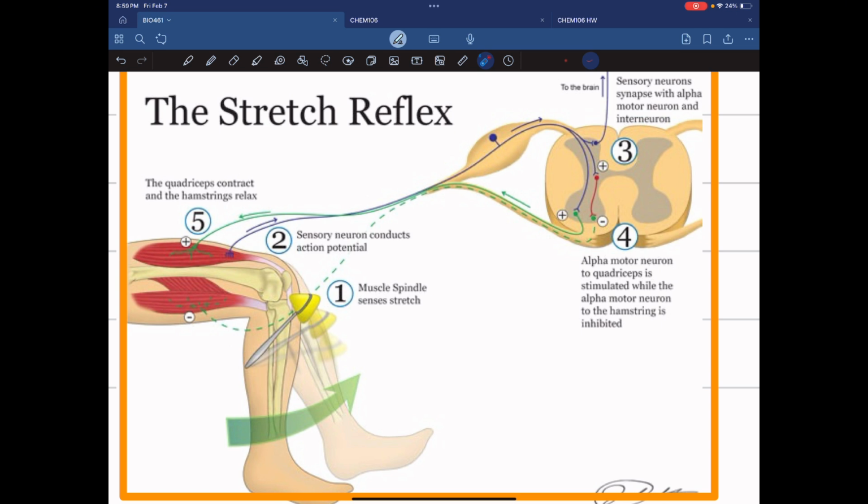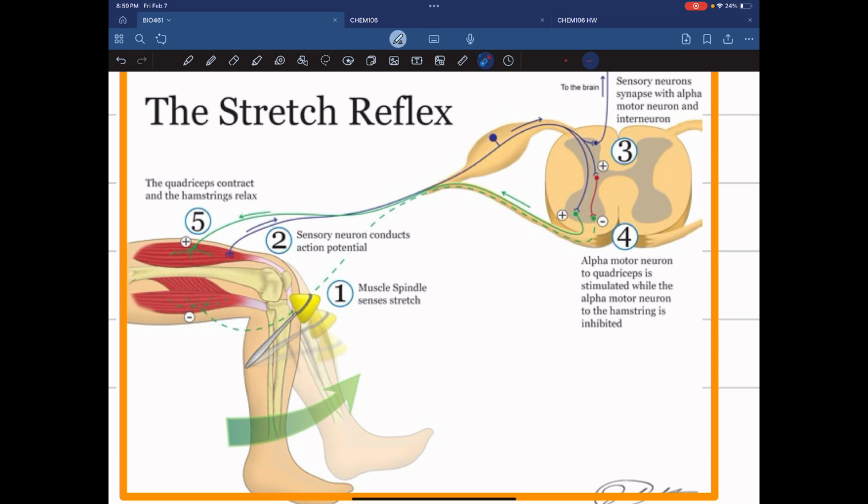The excitatory signal is going to come out of the spinal column back over to our quadricep muscle, contracting that muscle, while at the same time sending an IPSP all the way to the hamstrings to inhibit it. We can't have two muscles that work against each other contract at the same time if we're trying to react to these muscle spindles sensing stretch.